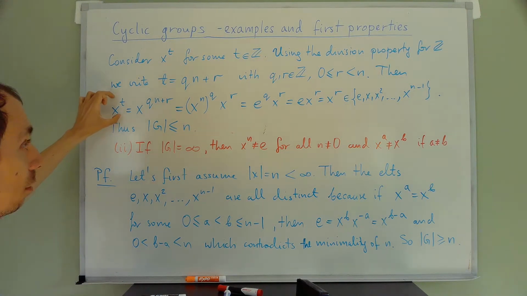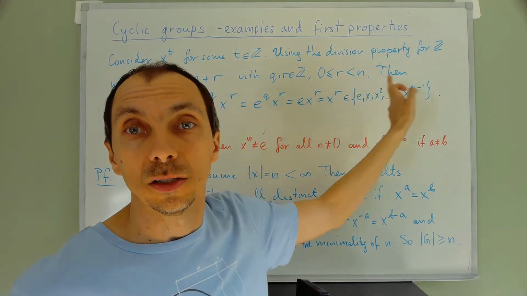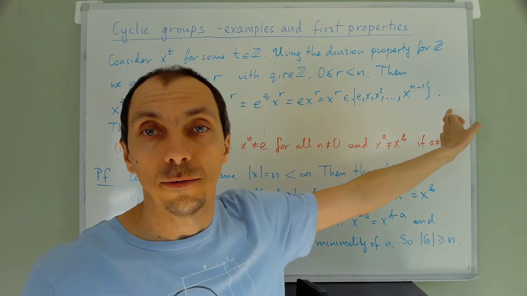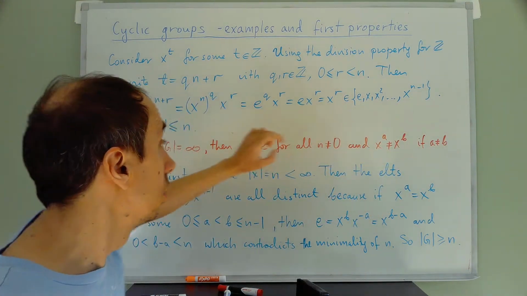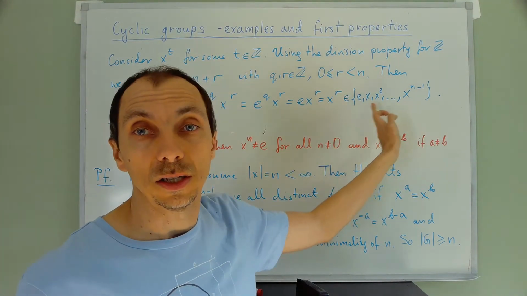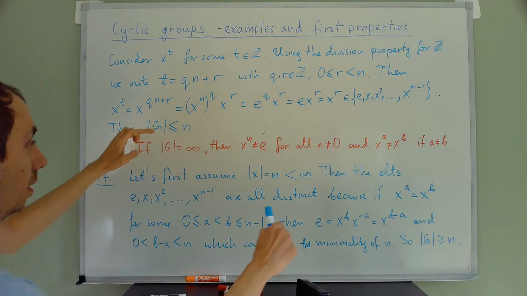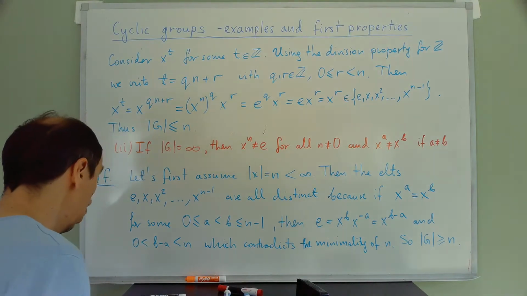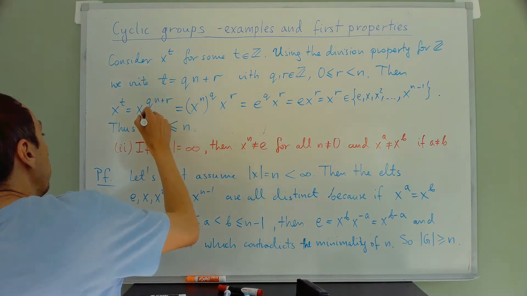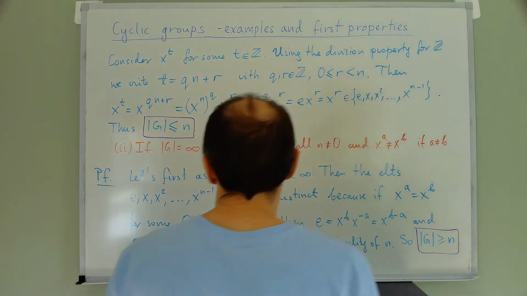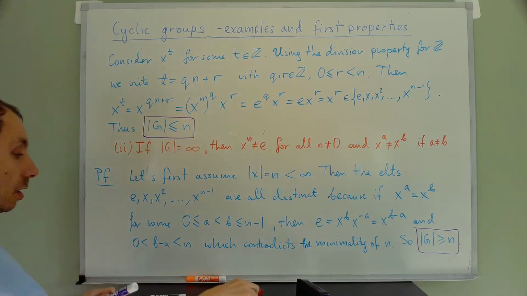That this arbitrary power of x is one of these guys. So every power of x is one of these guys. But every element of G is a power of x. So every element of G is one of these guys, and there are only n of them. So that means the order of G is at most n. Collecting these two together gives me that the order of G is n.